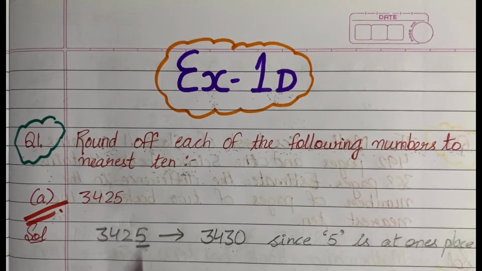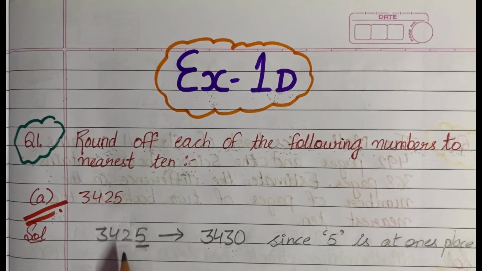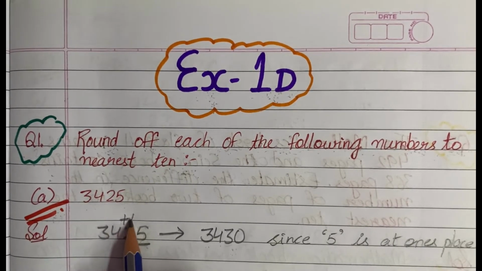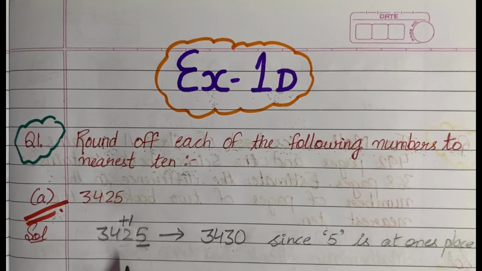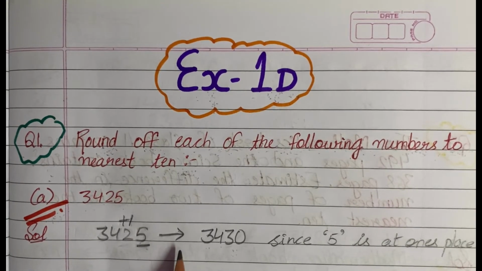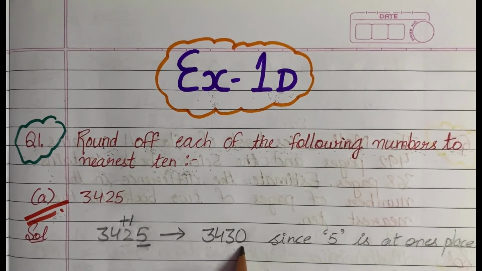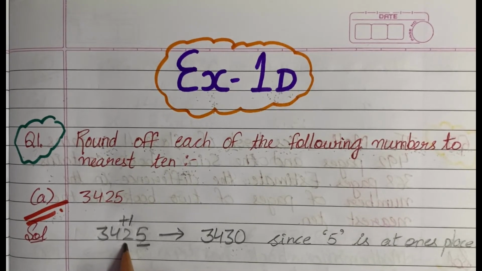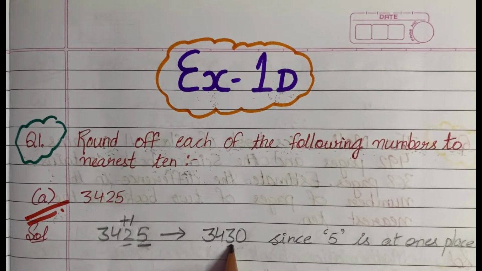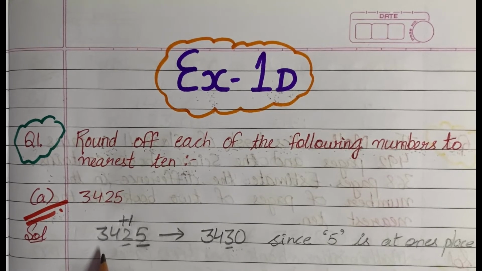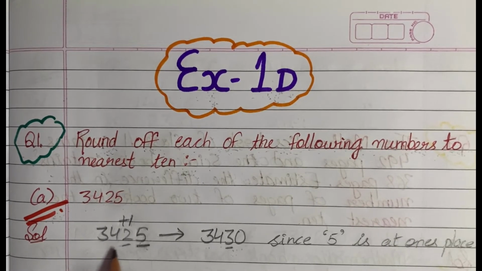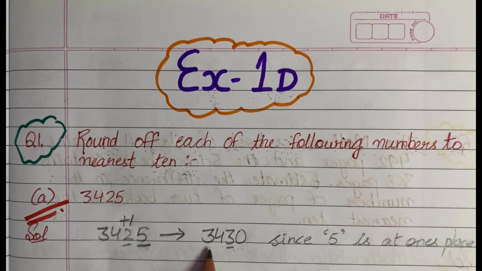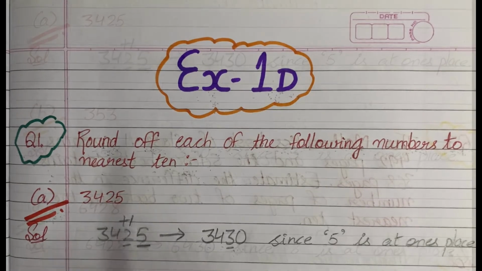And you know that when the digit at the ones place is 5 or more than 5, then 1 will be added to the tens place. And while writing the answer, we will write 0 at the ones place, and at the tens place this 2 plus 1 will become 3, and we will write the other digits as they are, that is 3, 4. So our final answer will be 3430. Hopefully it is clear to you.